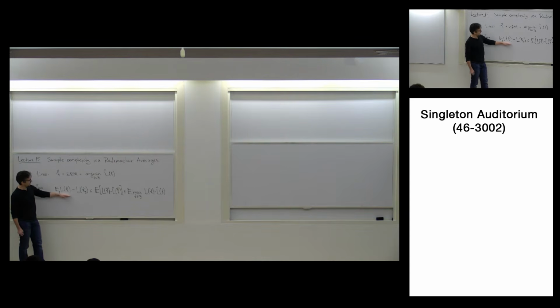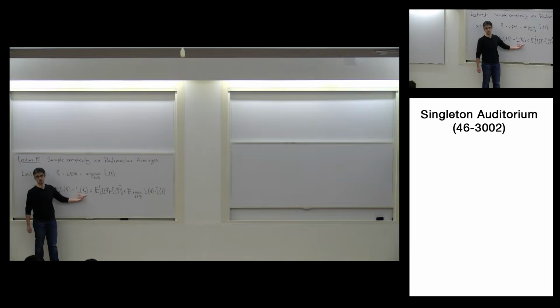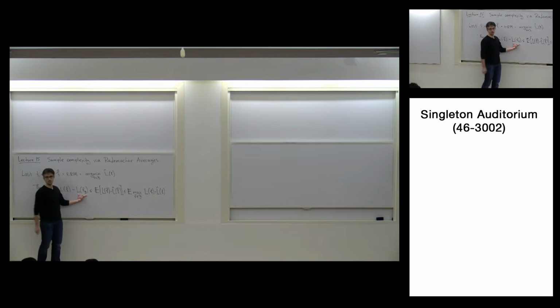The expected out-of-sample performance of ERM versus the best in class, okay? And we're hoping that this is small, which is a limit of our method, right? We're not going to be doing better than the best in class because we're using that model. And we're hoping that this is small.